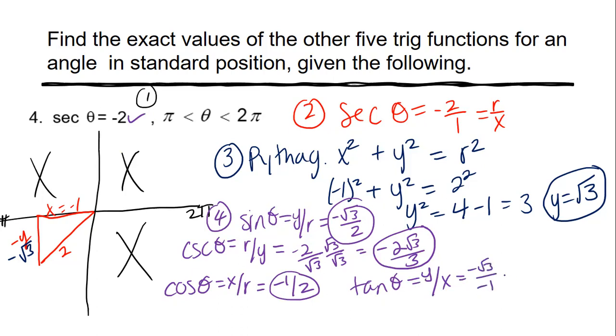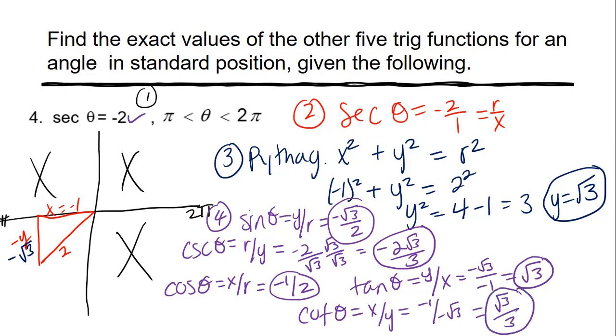A negative divided by a negative is a positive. There's our fifth one. And our final one, cotangent theta equals x over y. Our x is -1 and our y is negative square root of 3. We rationalize, and we end up with square root of 3 over 3.